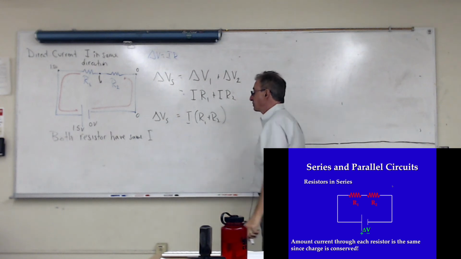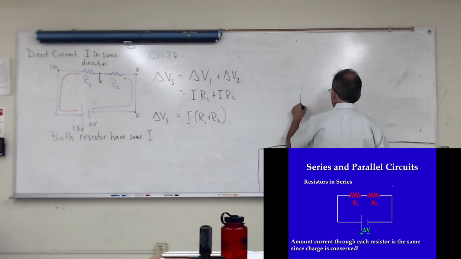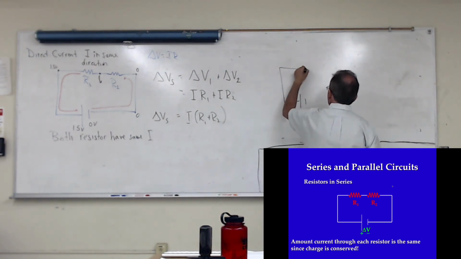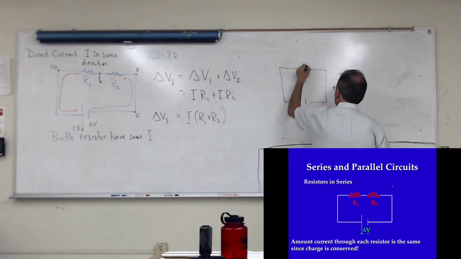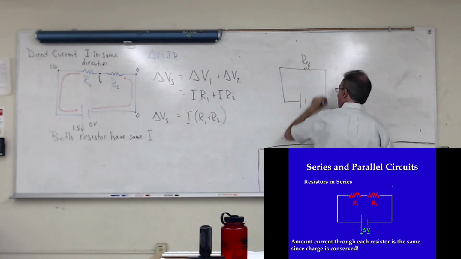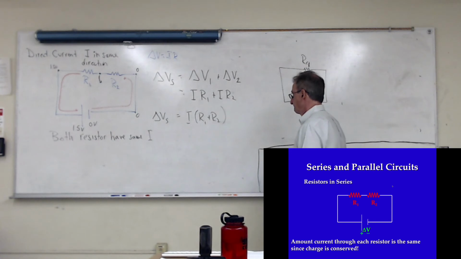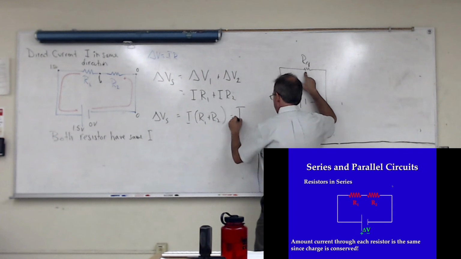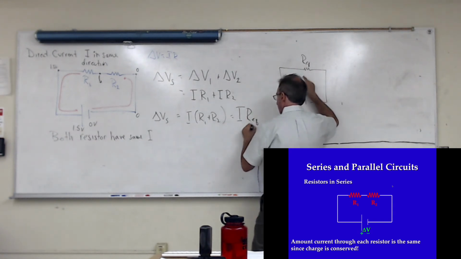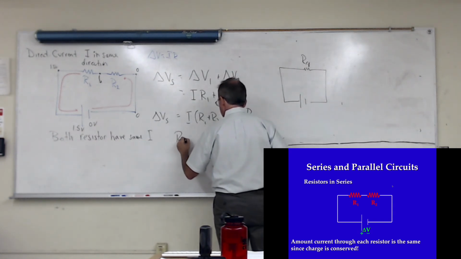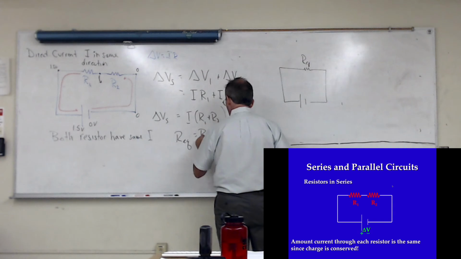If I want to replace those two resistors with an equivalent one that provides the same current, how big is this resistor? Well, the equivalent resistance is R1 plus R2.